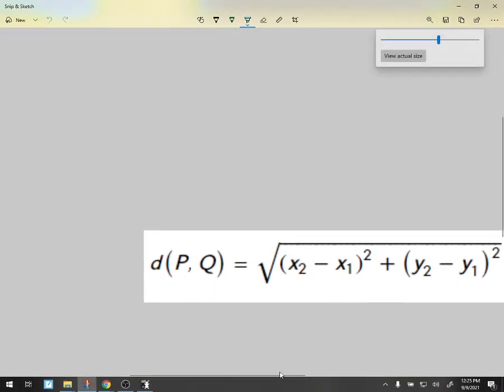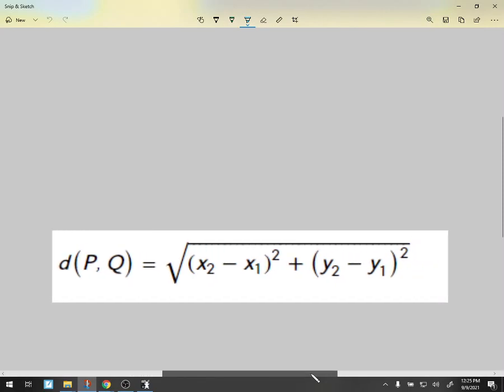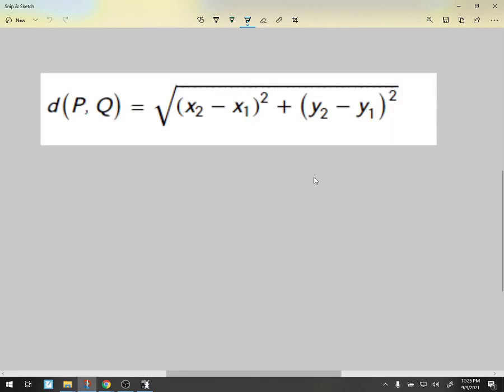So right now, if you've never seen this before, this looks really intimidating. Let's notice it's got both x's and a square. It's got both y's and a square. Can you notice something similar about both situations? It's second minus the first squared. Second minus the first squared.